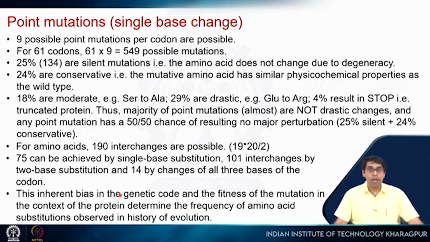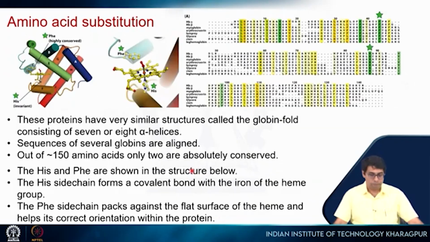So this inherent bias in the genetic code and the fitness of the mutation in the context of the protein determine the frequency of amino acid substitution observed in the history of evolution. This frequency is something that I have discussed in the previous lecture. Okay.